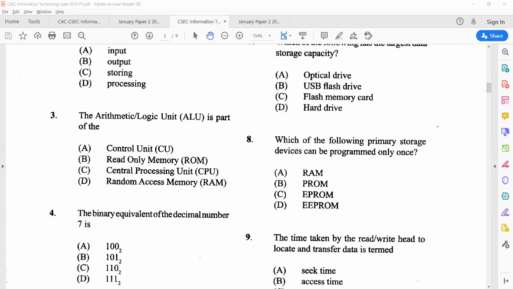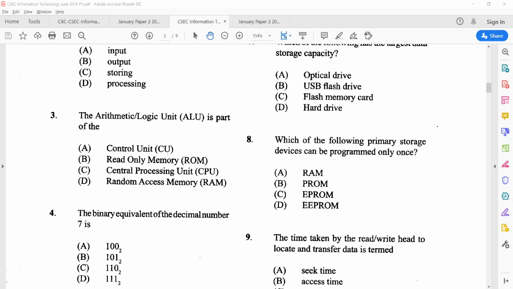Then you have PROM, EPROM, and EEPROM. Now, part B, PROM, is programmable read-only memory. This is where you have a ROM device, or a read-only memory device, and you could program that device.